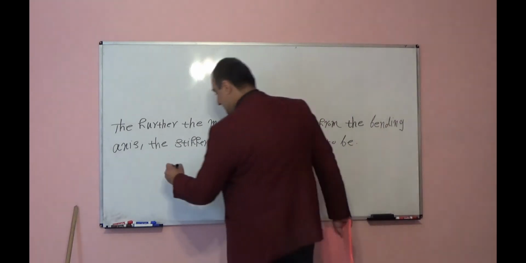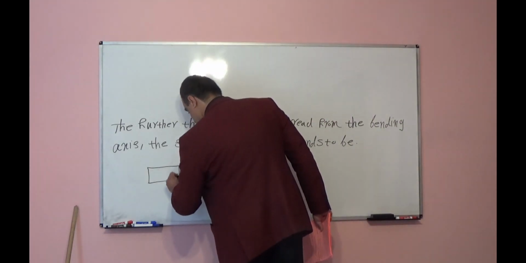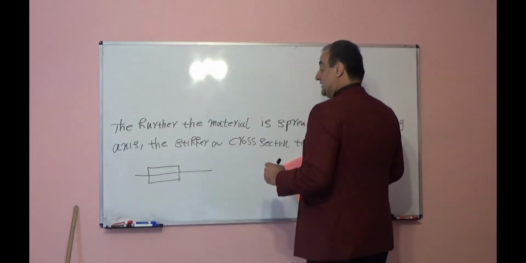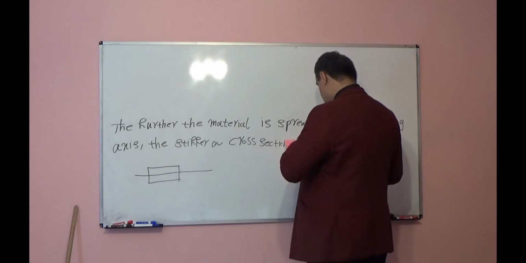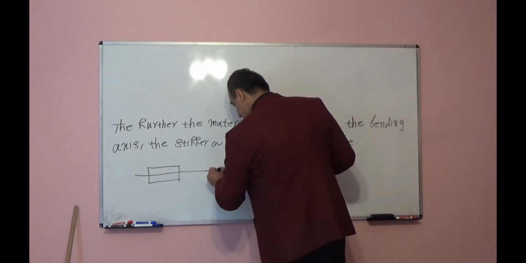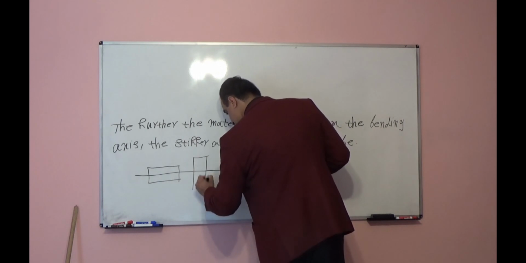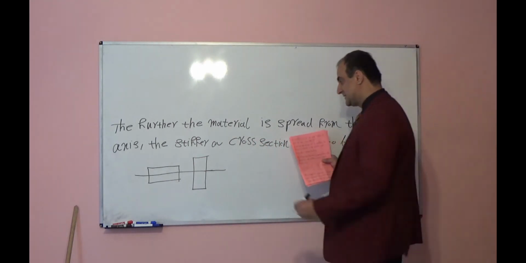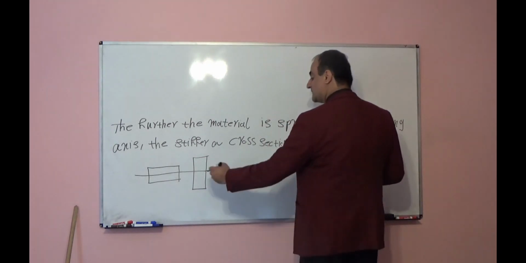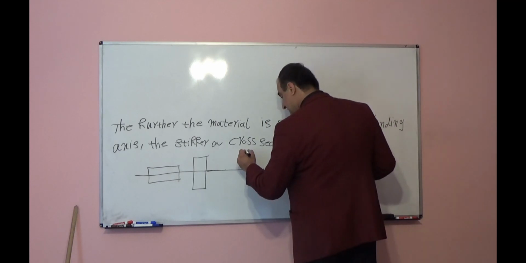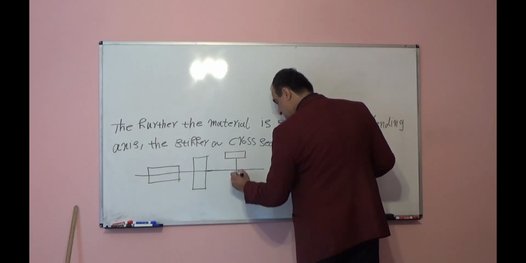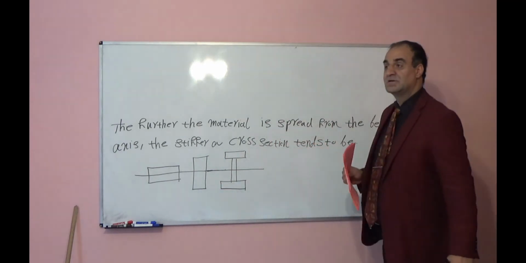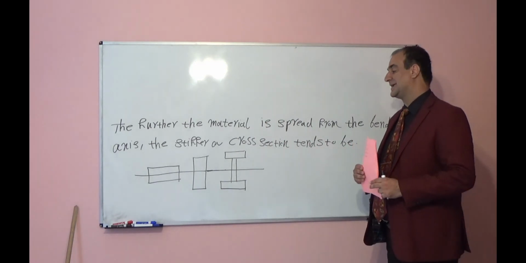For example, with a rectangle, in this direction it is not very stiff. But if I rotate it and put it in this direction, now it is much stiffer. For that reason, if we take most of the material far from the bending axis and create an I shape, this cross section will show higher resistance against bending.